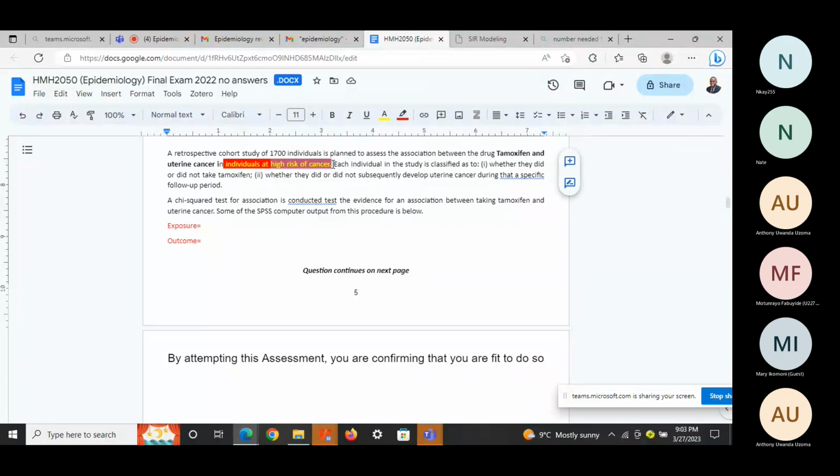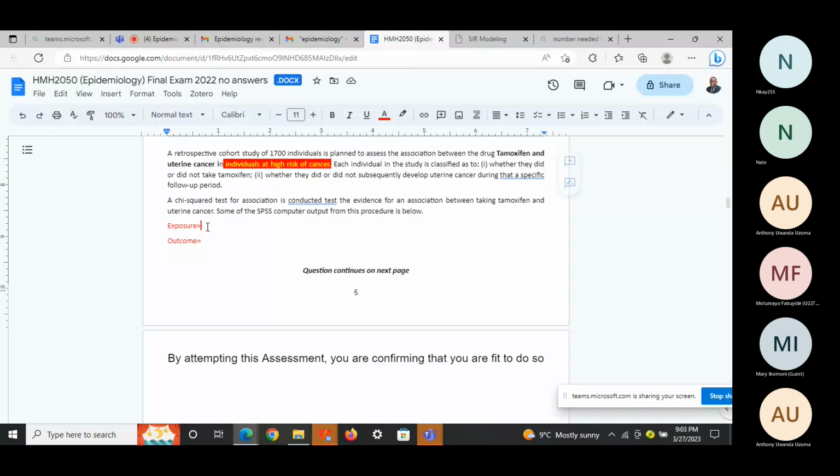So in this kind of study, using that questionnaire will help you to what? Eliminate. So you understand how all these things are done in real life.